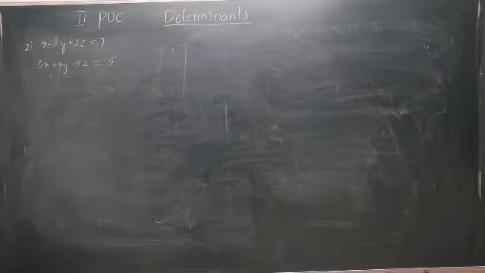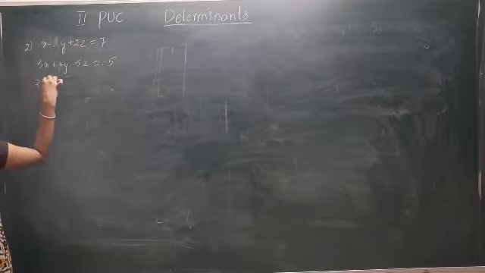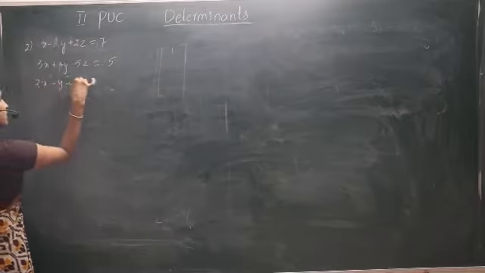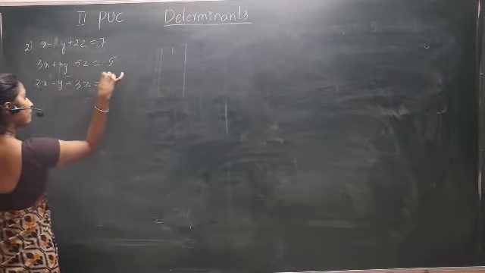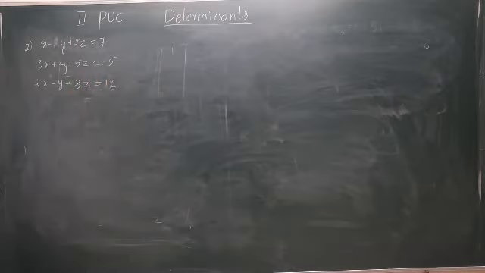Then 2x minus y plus 3z equal to 12. So this will be x minus y plus 2z is 7, 3x plus 4y minus 5z equal to minus 5, 2x minus y plus 3z equal to 12. Now we have to solve this.